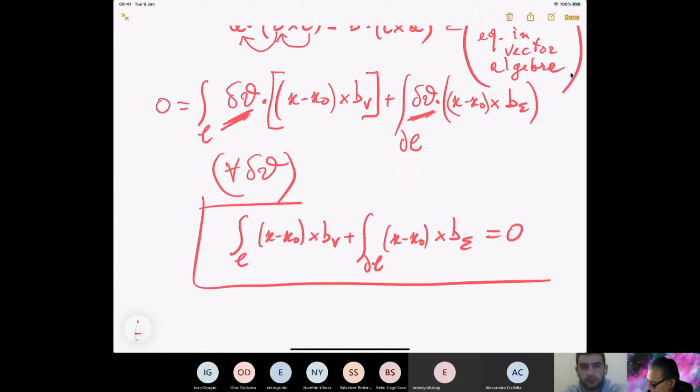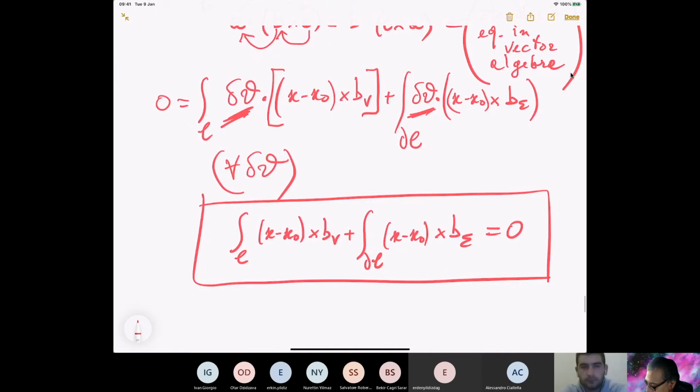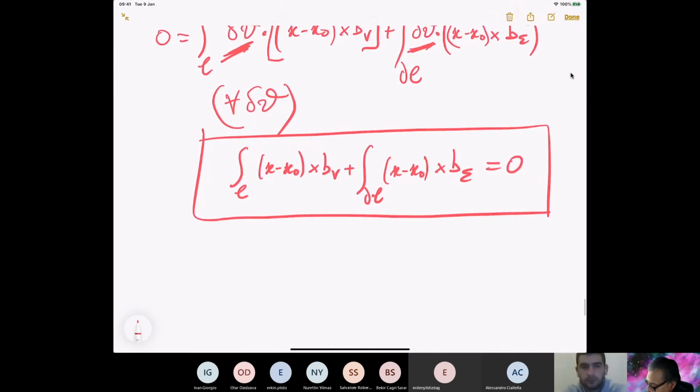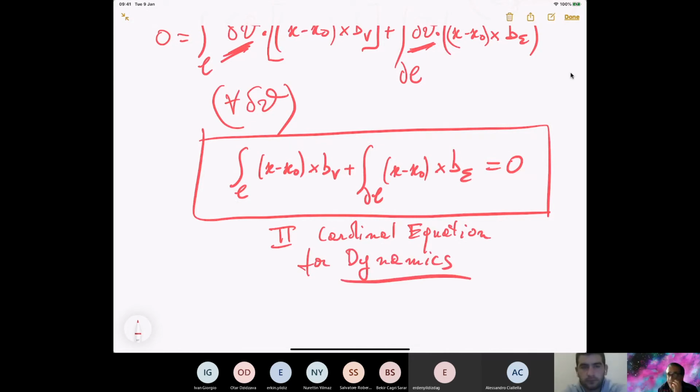This is the second cardinal equation for dynamics. And this also has been found for rigid bodies by Euler and for continua by Piola.